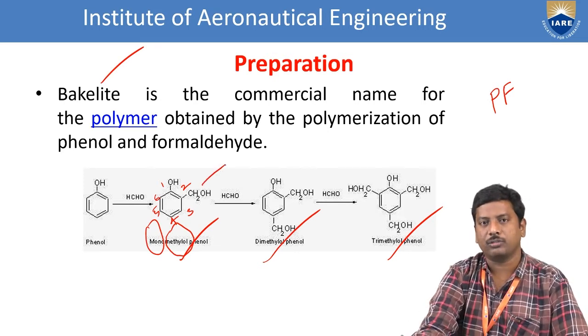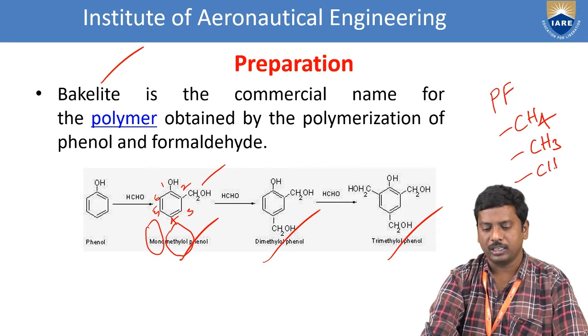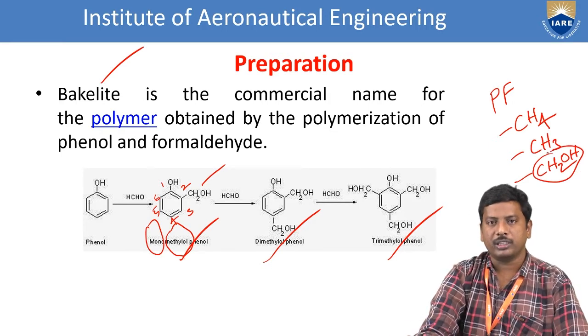I think all of you know the formula for methane, CH4. When one hydrogen is replaced, it becomes the CH3 methyl group, and when two are replaced, it is called a methylene group. This methylene group reacts with the OH, so that is a methylol phenol. If this group is present once, it is called monomethylol phenol.